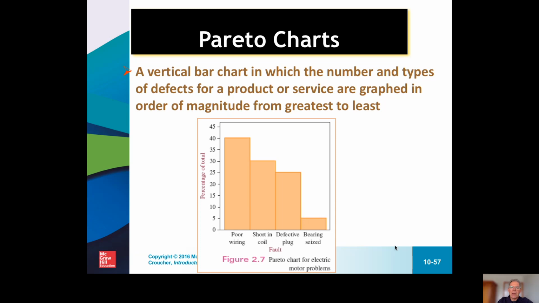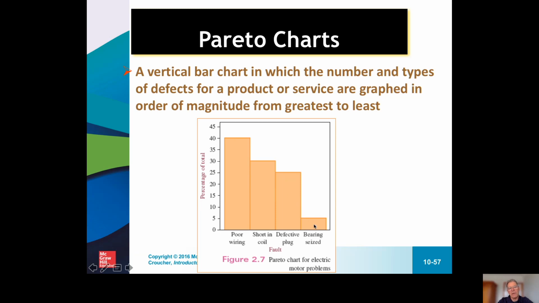Pareto charts. Helpful for when you've got this qualitative data, such as people reporting on what were some of the issues, the defects in a particular service, and by putting the largest item first, we can find what the biggest problem was, and maybe we're interested in dealing with the biggest problem first and then moving on to the rest of the problems.